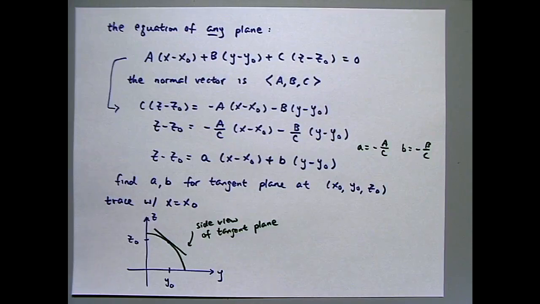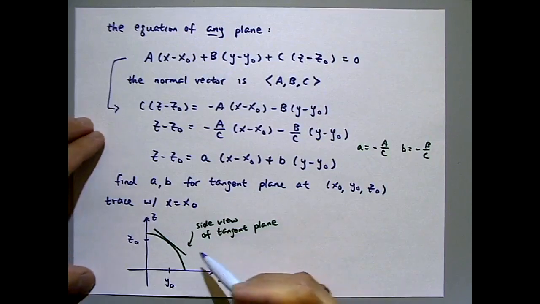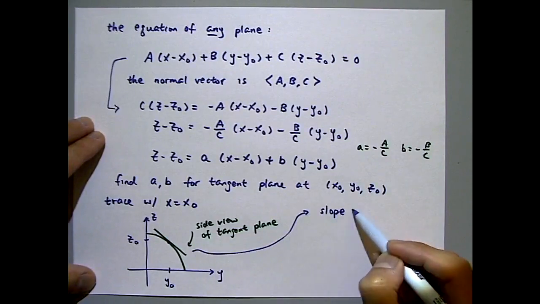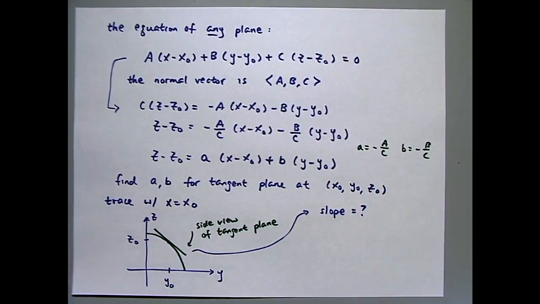Now it's a line, right? What is the slope of that line? That green line? Think back to what we did last time.